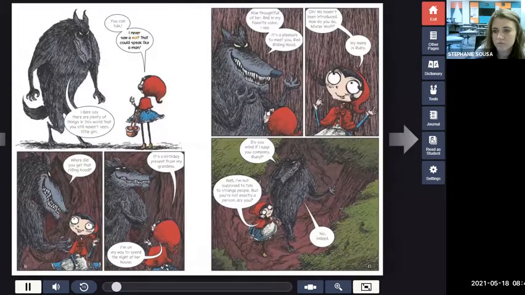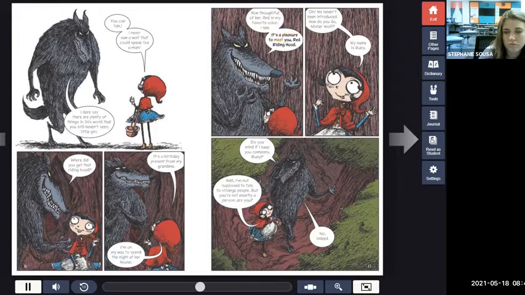I never saw a wolf that could speak like a man. I dare say there are plenty of things in this world that you still haven't seen, little girl. Where did you get that riding hood? It's a birthday present from my grandma. I'm on my way to spend the night at her house. How thoughtful of her. And in my favorite color, I see.